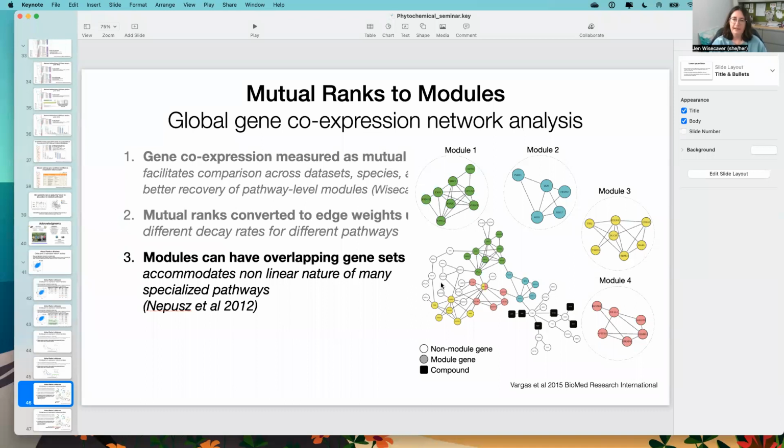In that way, we're setting aside a lot of the genes involved in core metabolism that form the densest part of that network hairball. We're not even looking at them. We're only looking at these discrete modules that form the periphery of the global network. The other thing that I think our program does differently is that it works with mutual ranks.